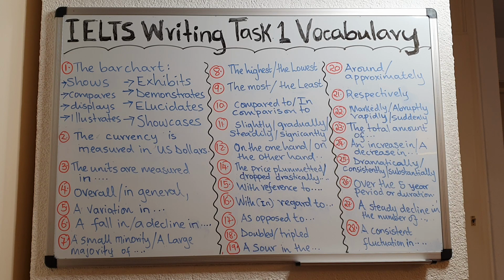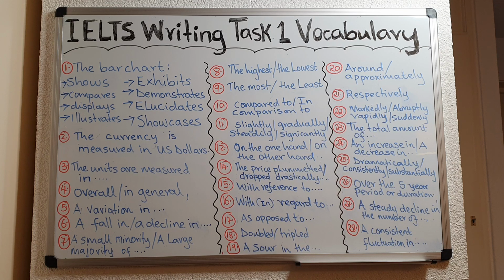A small minority of the people in 2020 lived in slums. Depending on the diagram, you can say a small minority of the population lived in the slums. The opposite is a large majority.